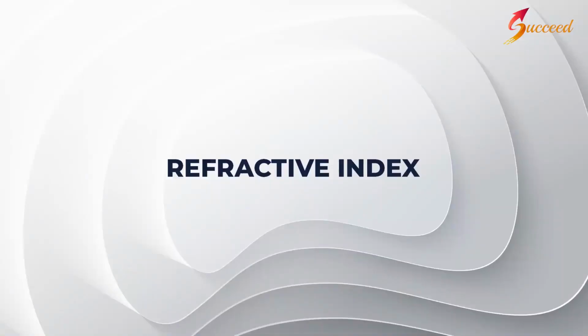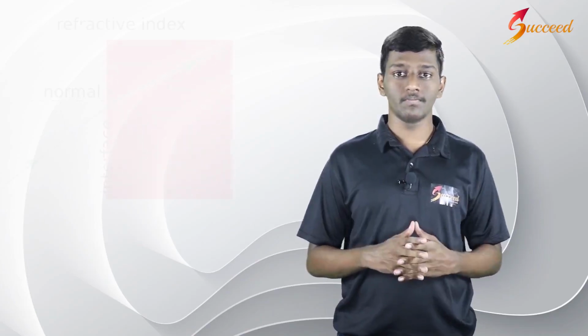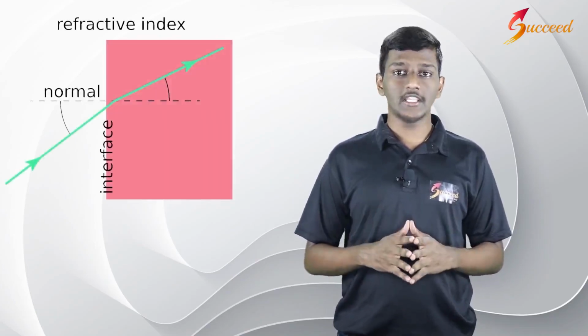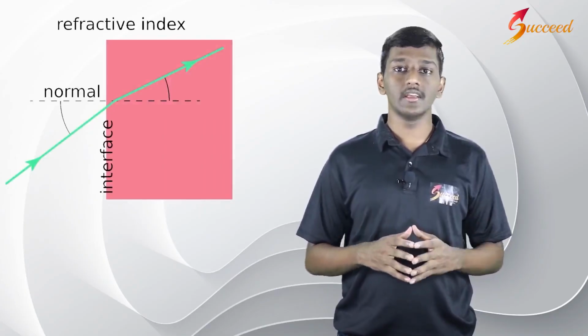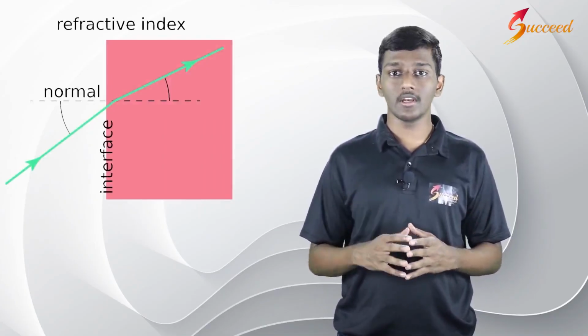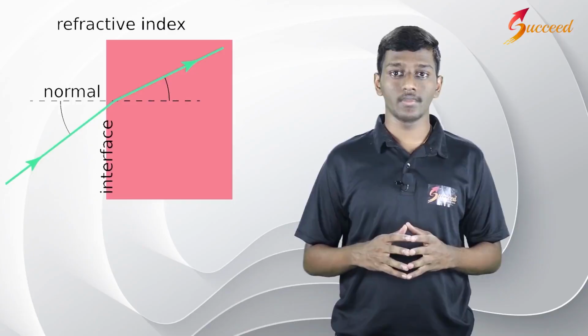Refractive index. We know that when light travels obliquely from one medium to another medium, it changes its direction in the second medium. The extent of change in the direction of the light is given by the refractive index of that medium.